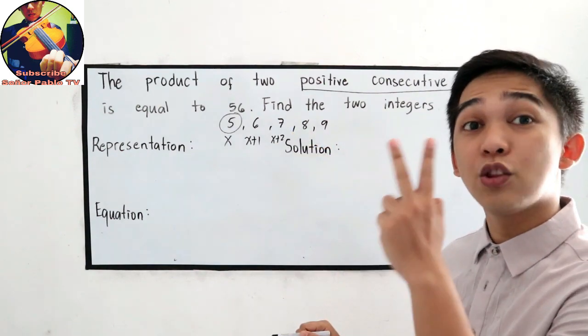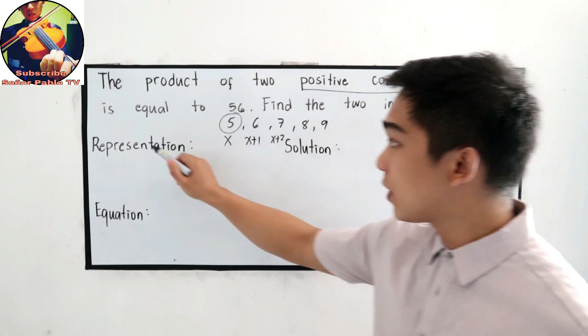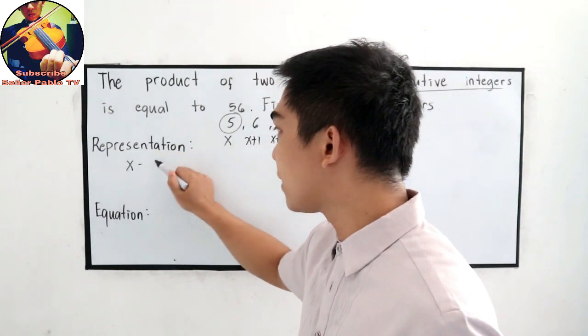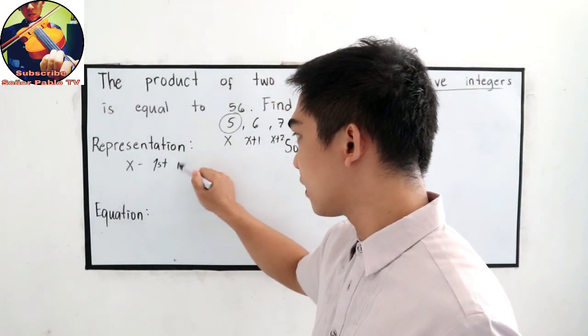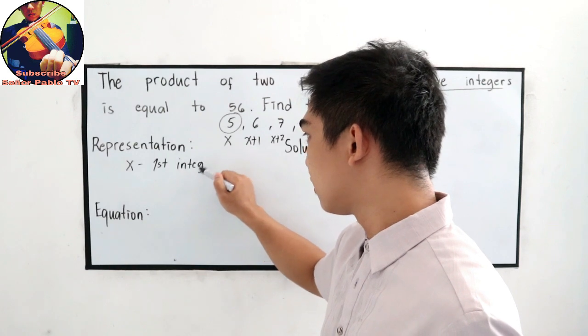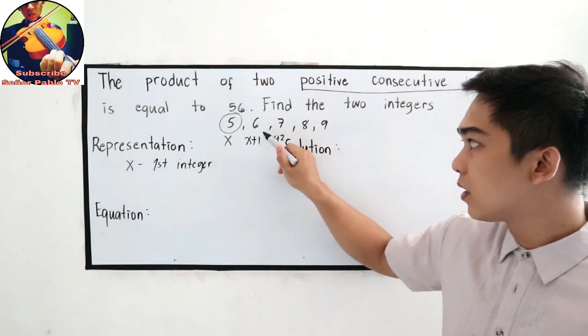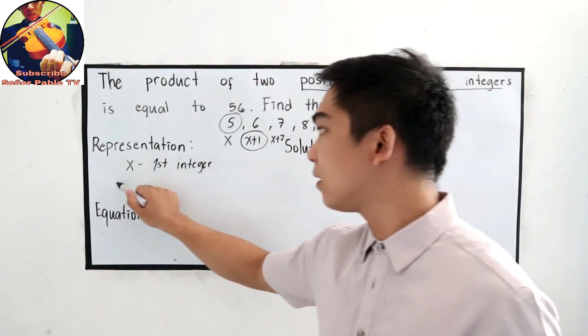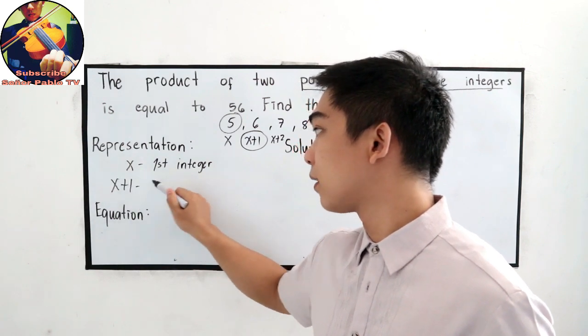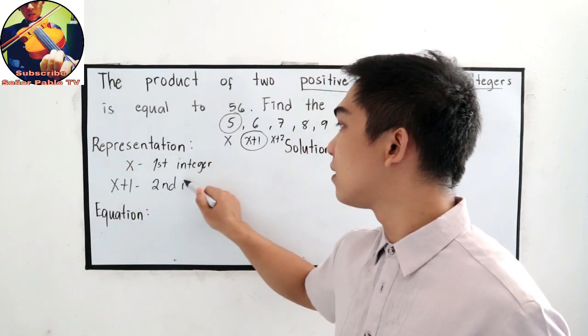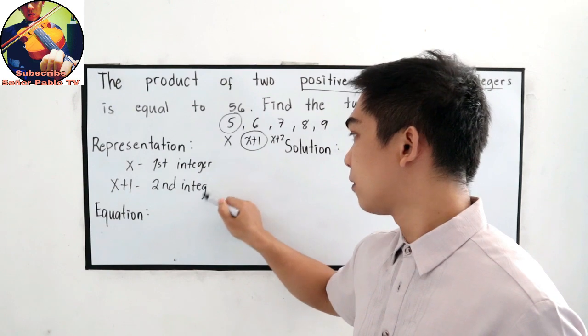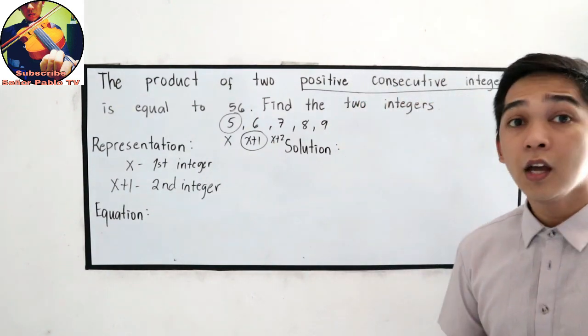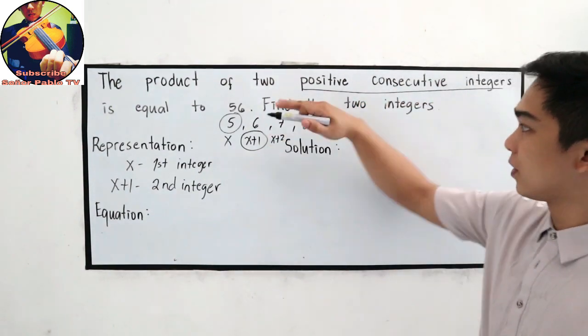So we need to find two consecutive integers. Let's say x will be our first integer. Therefore, our second integer will be x plus 1. Now, go back to our question.